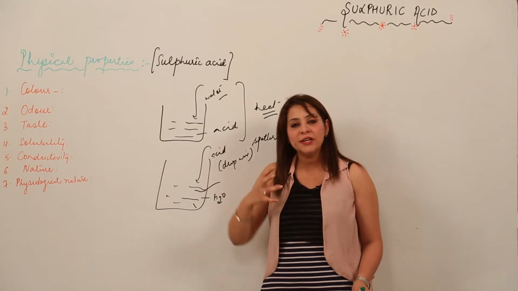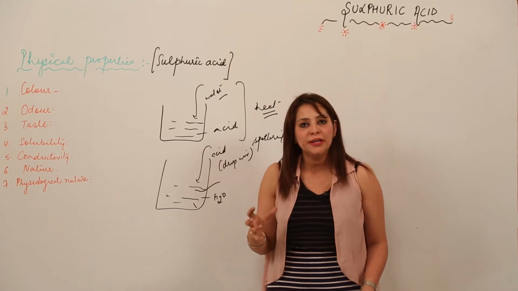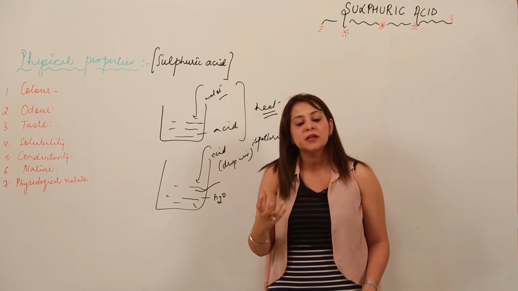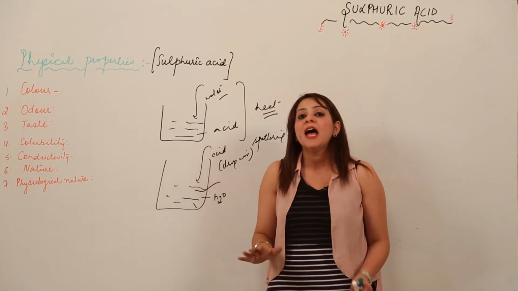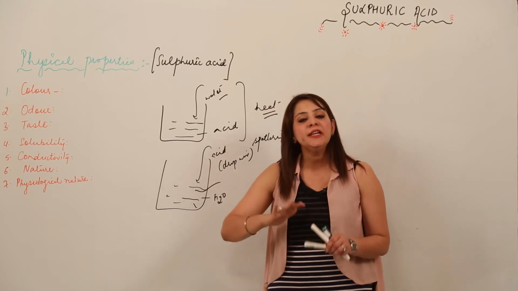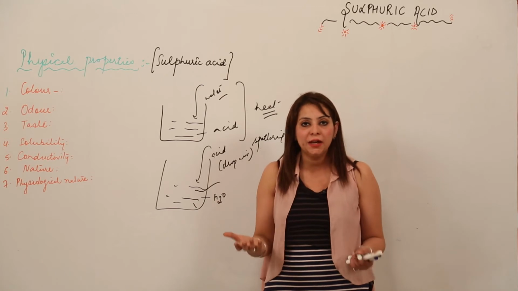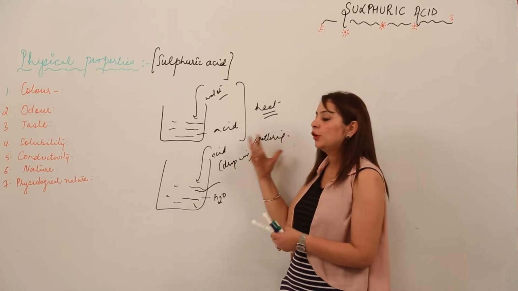And what is the advantage? The amount of heat release is comparatively less, and moreover the acid molecules get wet and are dense, so they settle at the bottom and there will be no spattering. But if spattering occurs, the water is going to spatter and it will not cause any harm to you, right? So this is the reason why we add acid to water and not water to acid.